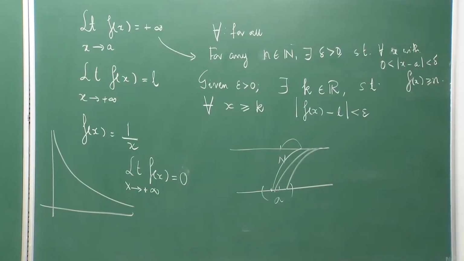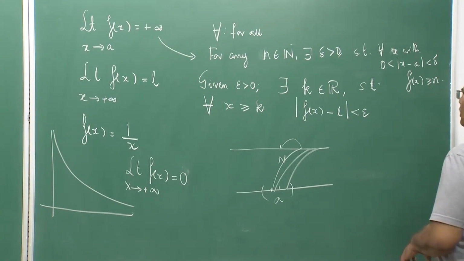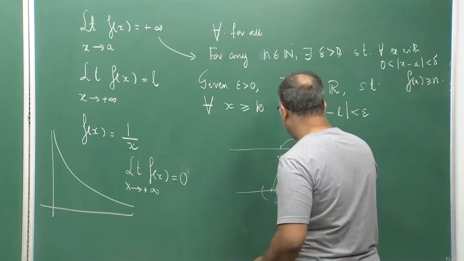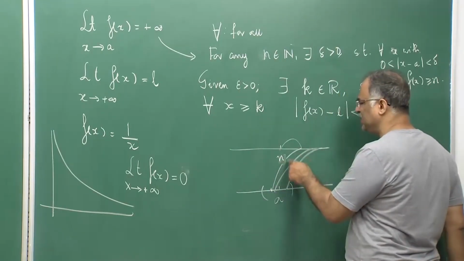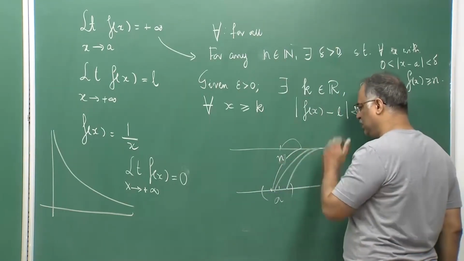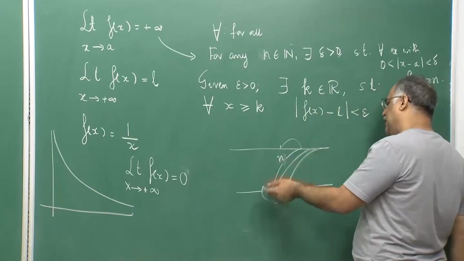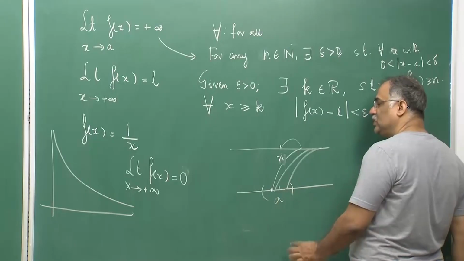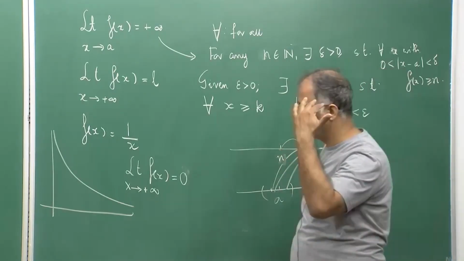So that is the meaning, it is a blowing up situation. However big n you choose, it does not matter, it could be 1000, 2000, 10,000, I can always find x's near A such that the functional values are just going up.